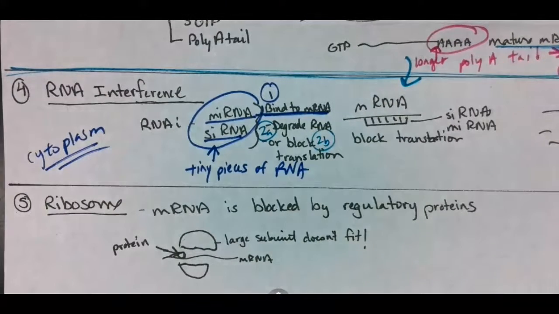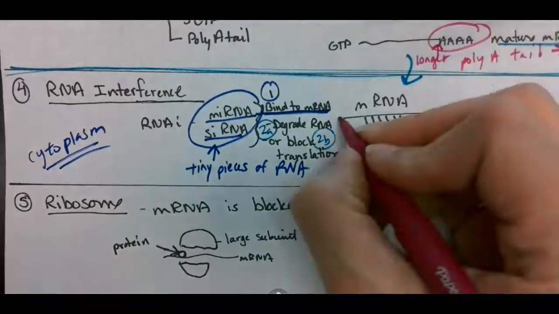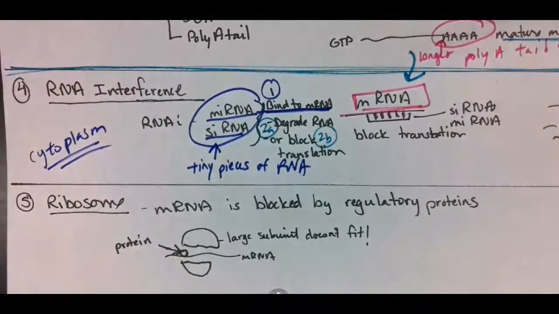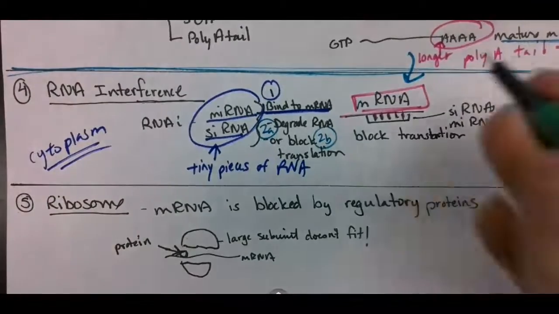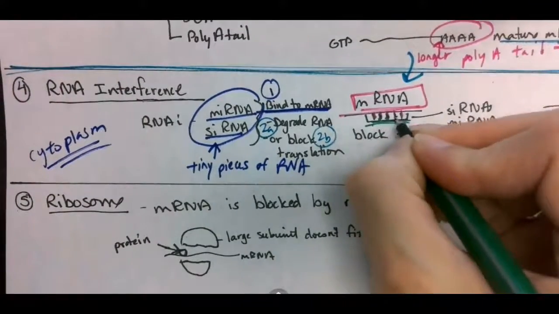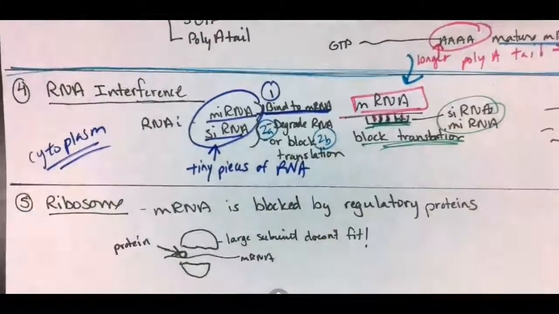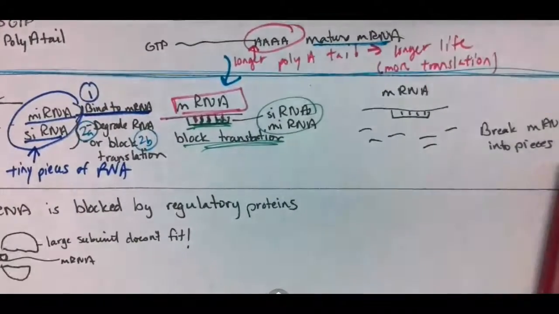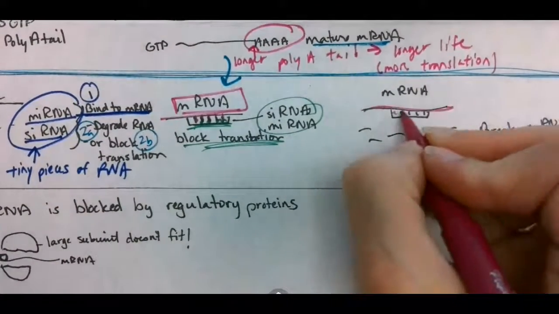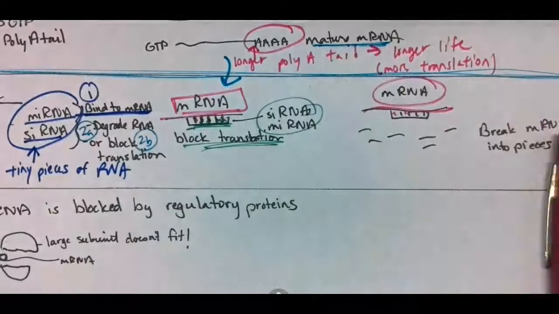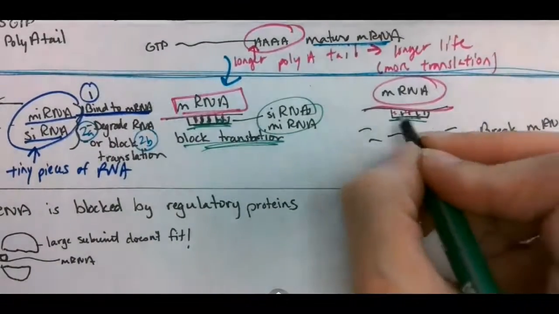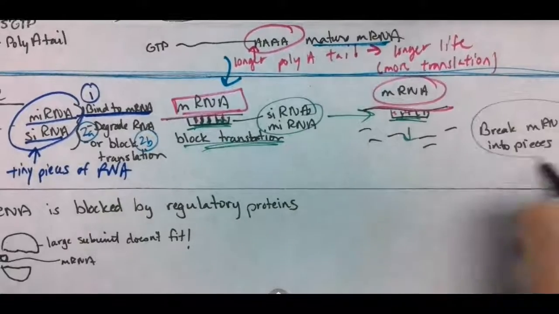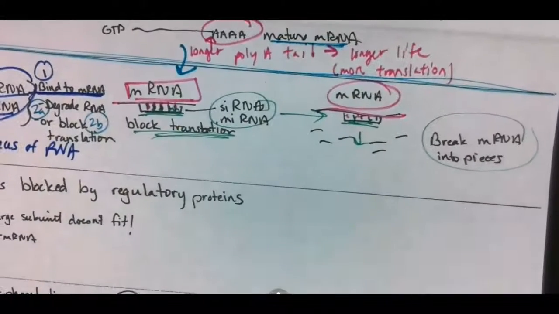So for instance, if this right here is the mRNA, these could be the siRNAs or microRNAs that are blocking translation. Or, again, if this is the mRNA, these could be the siRNAs or microRNAs that are causing enzymes to come along and break the mRNA into tiny pieces, causing it to be degraded.